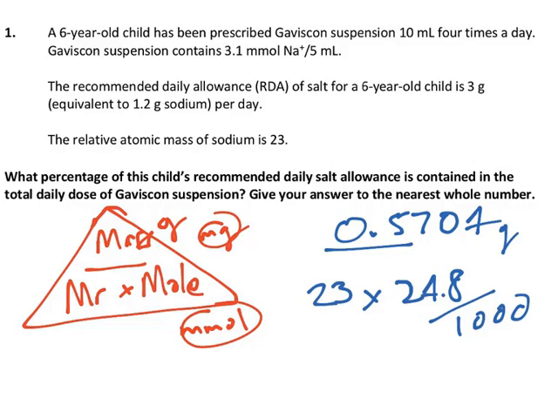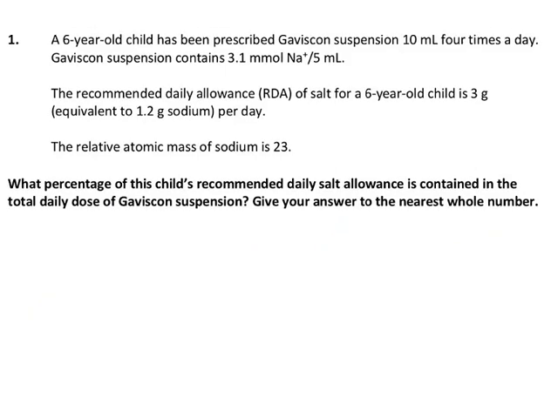So now the third and final step is going to be to work out a percentage. Okay, so how will we work out this percentage? Now it's easy. Again, I'm going to use the easy Z method. We know that 1.2 grams is 100%, okay? Now we need to calculate what 0.5704 is. In fact, I should have probably done it the other way around.